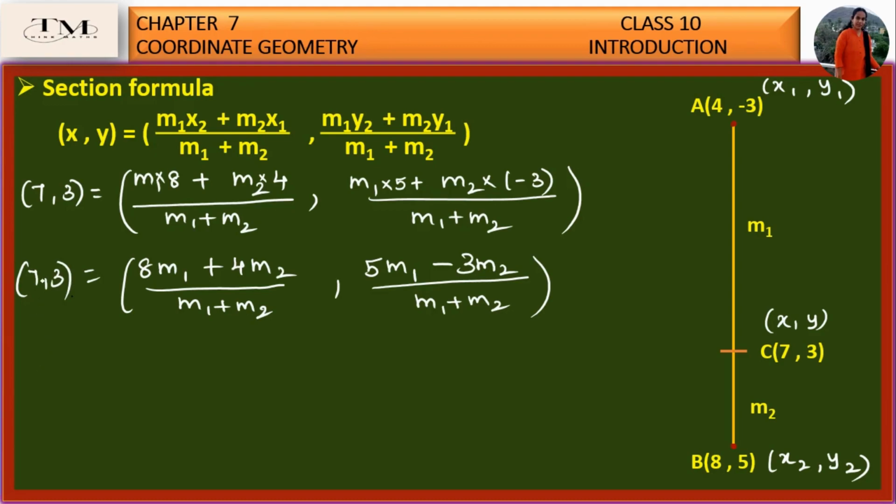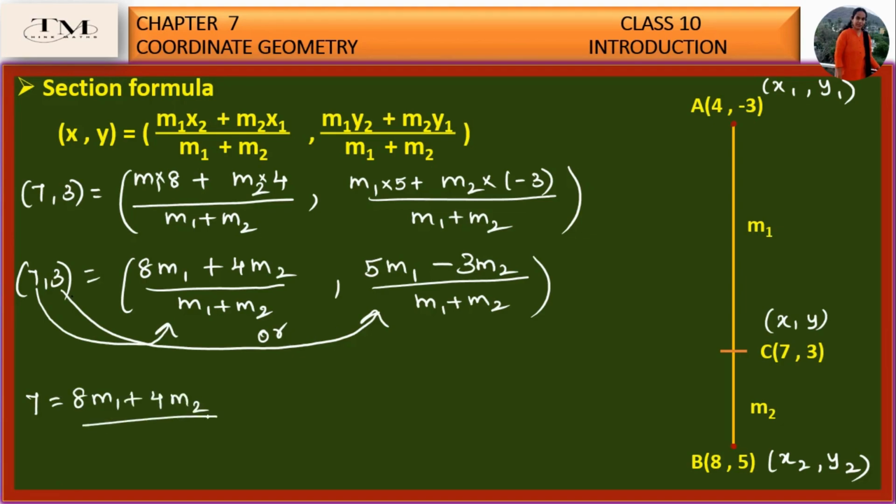So you can either equate 7 to this number. These both are x coordinate. So equate the x coordinate or equate the y coordinate. Any one is enough, not both. So I am going to equate the x coordinate. So 7 equal to 8 m1 plus 4 m2 divided by m1 plus m2.